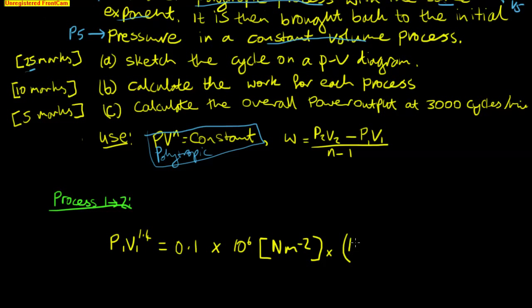And we multiply this by our volume, which was 1 litre, which is 1 by 10 to the minus 3 meters cubed, to the power of 1.4. And we must remember to also put our units to the power of 1.4.